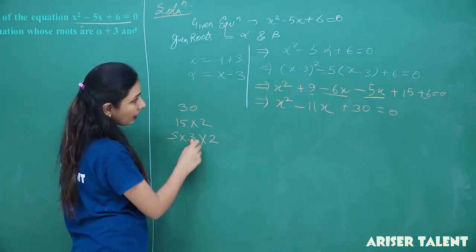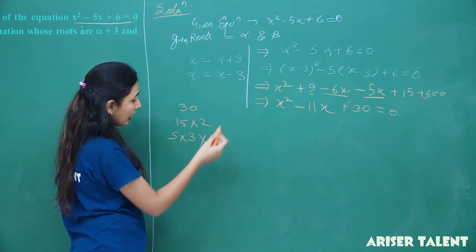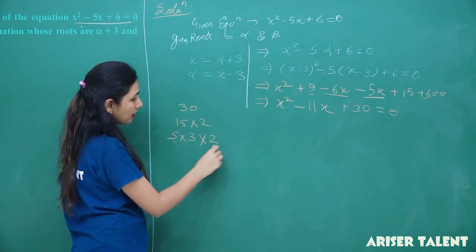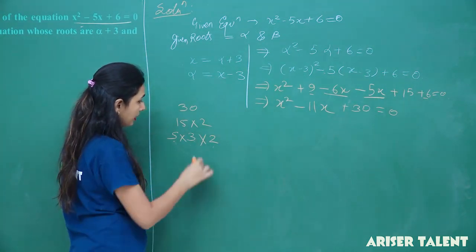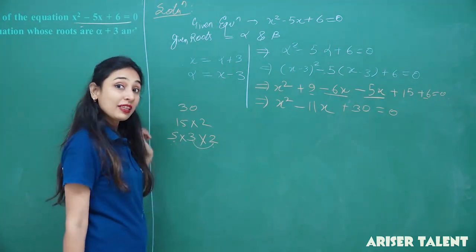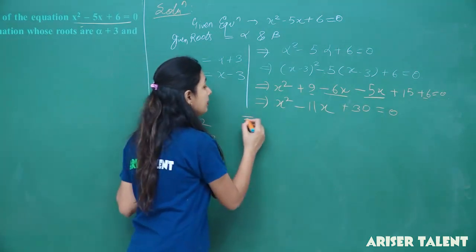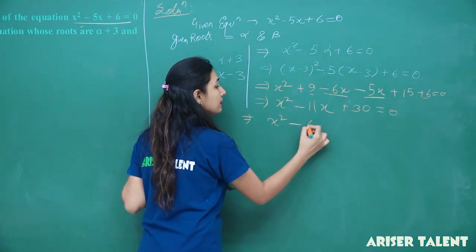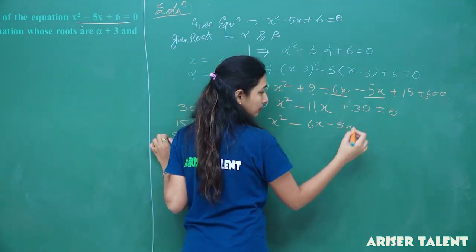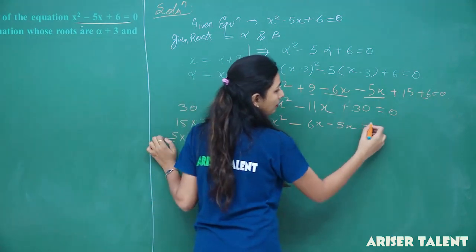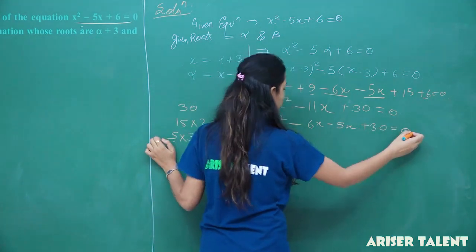Now I have to make 11x; 10 and 3 can't make 11, but 6 plus 5 can make 11. So I can write it x square minus 6x minus 5x plus 30 equals 0.